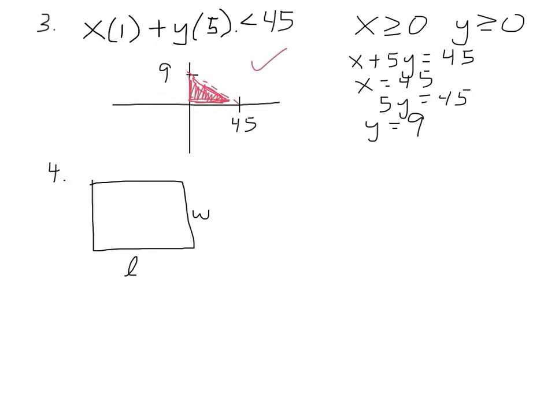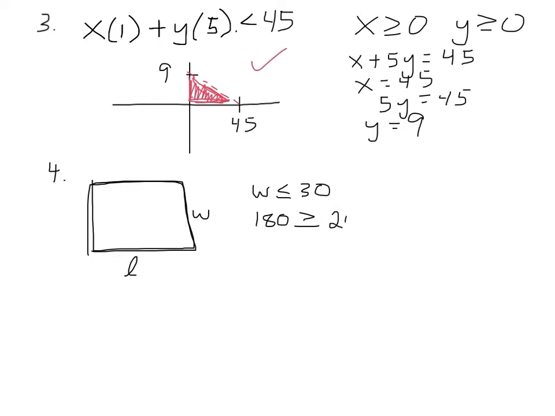In this problem, we're going to create a garden, and we have a rectangular garden. It tells me that the garden can be no more than 30 feet wide, so width must be less than or equal to 30. The other thing it restricts is the amount of chicken wire I have, and I have 180 feet of it, so the total that goes around the edge must be less than 180.